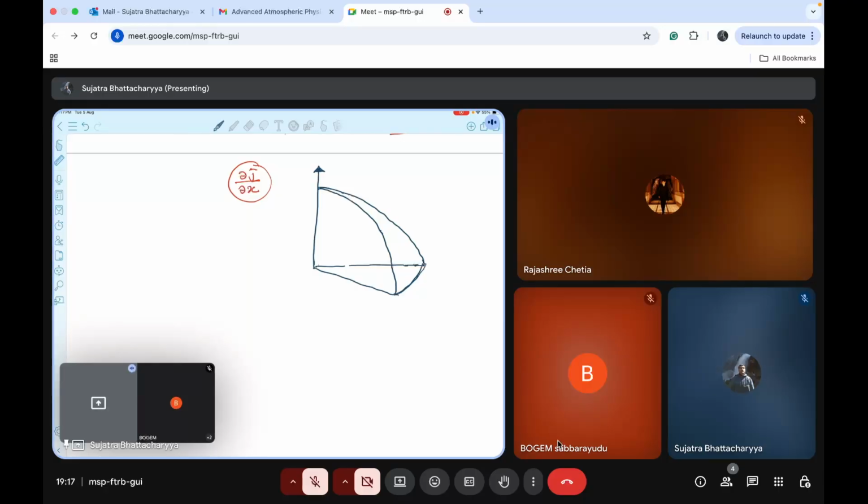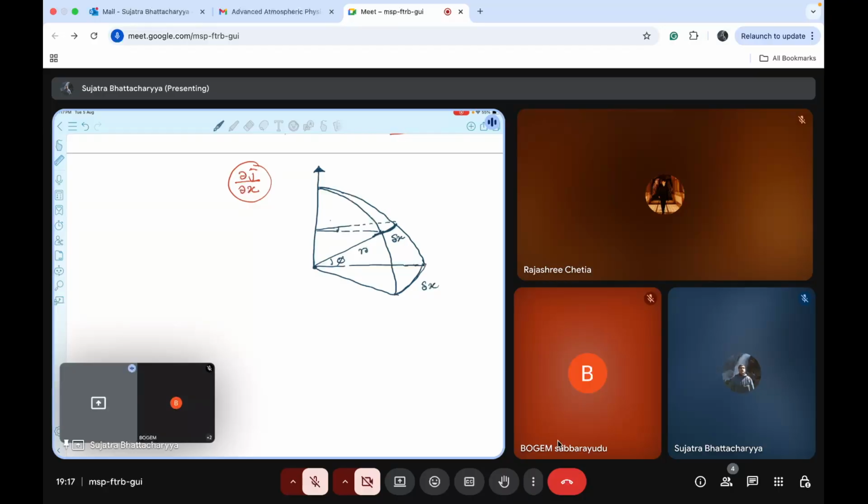At some latitude phi from the center, this is the center, this is your r, and this is your delta x. This should be the delta x, and this is also some delta x.